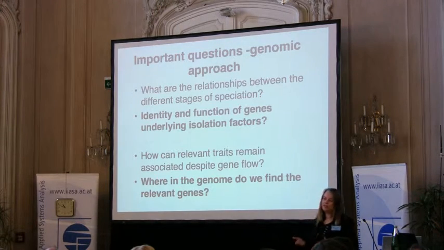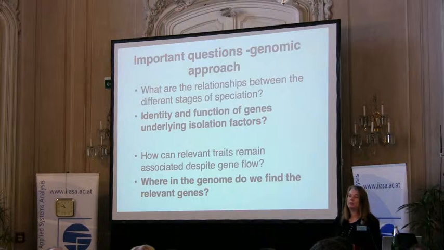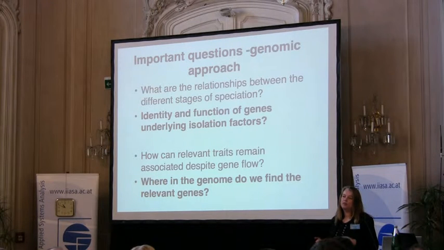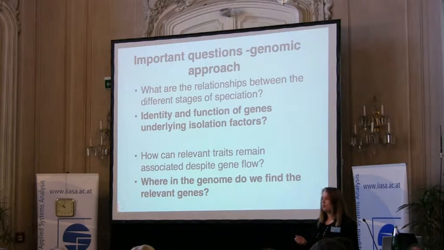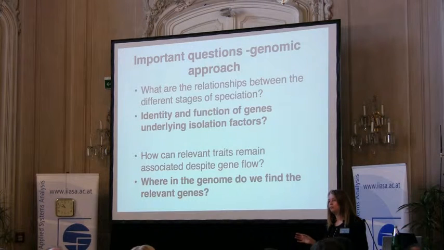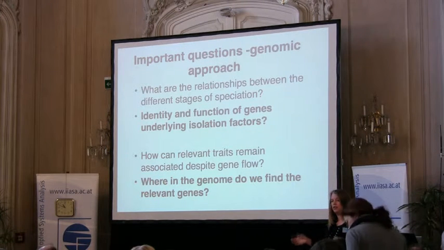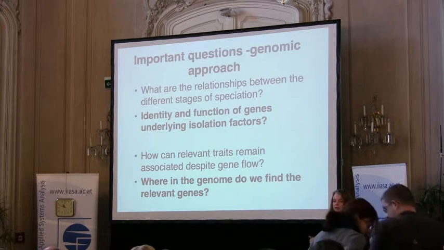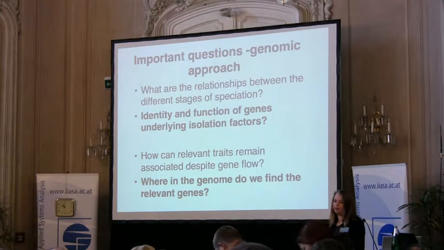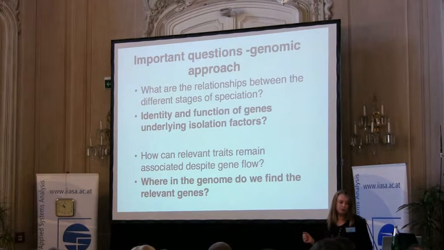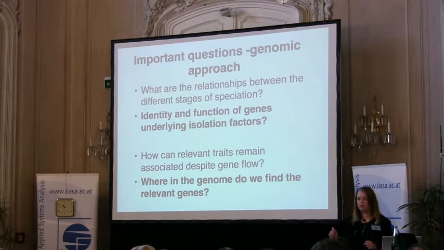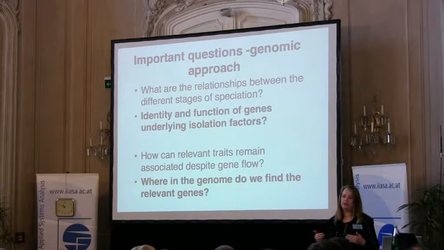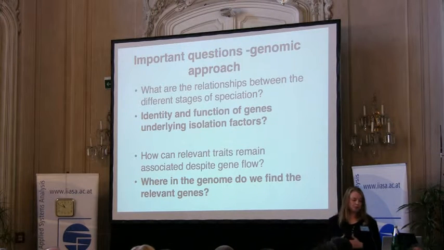We can translate that into a genomic perspective and ask ourselves: are the genes underlying the important traits that give rise to differences in ecology, for example, the same genes that later on give rise to genetic incompatibilities between the diverging populations? By finding out the identity of the genes, we can get an idea about how these processes are linked.